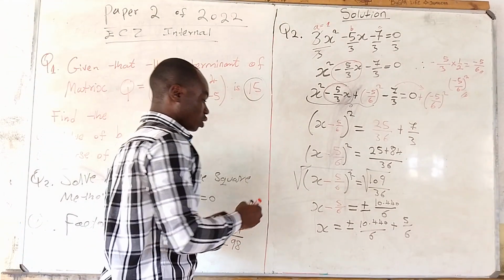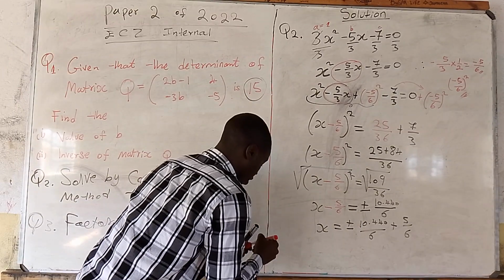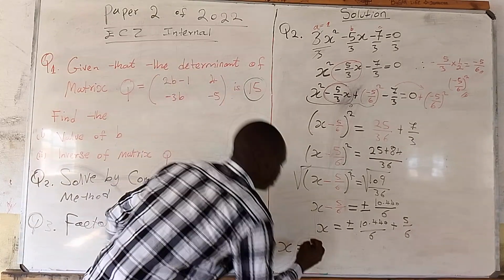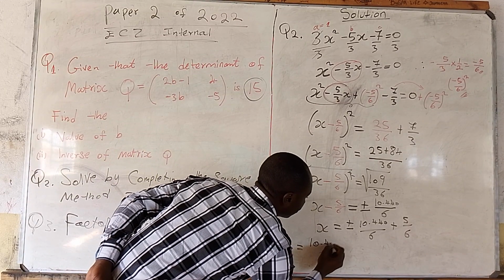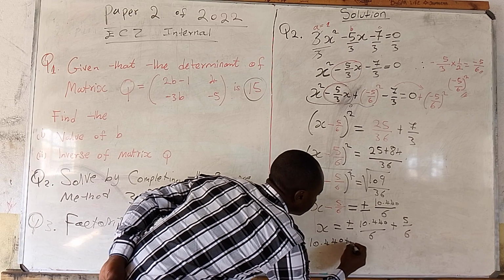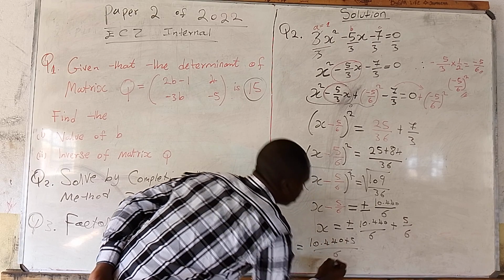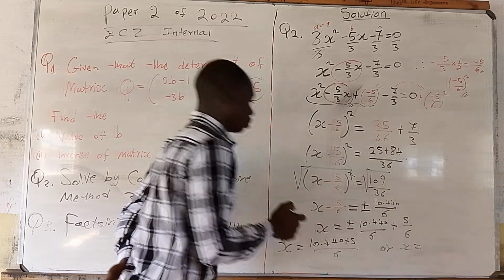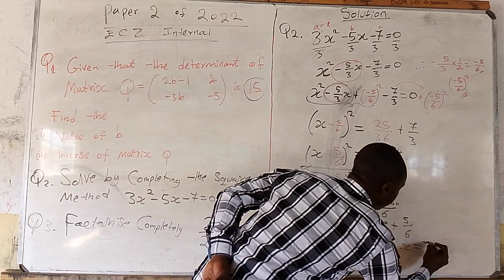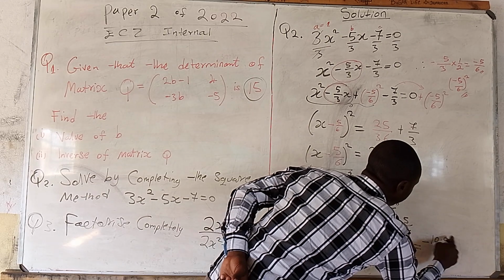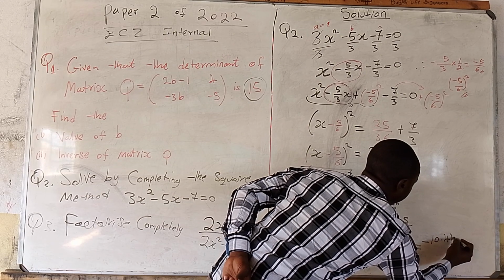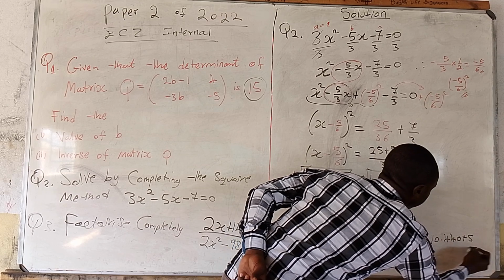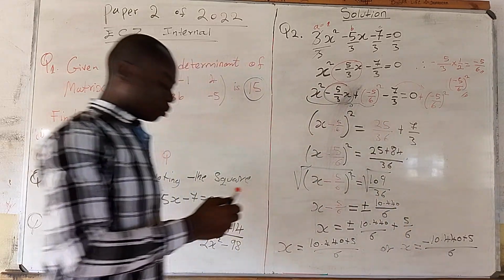Good. So that simply means we are near to finding our solutions. Our x will either be 10.440 plus 5 over 6, or our x is going to be negative 10.440 plus 5 over 6, isn't it?